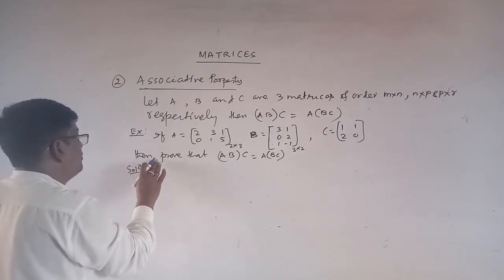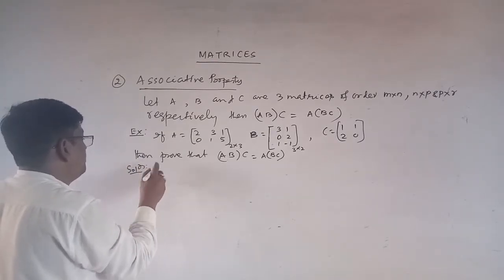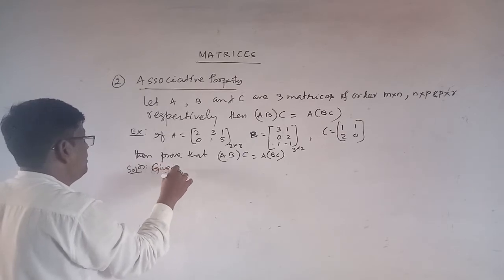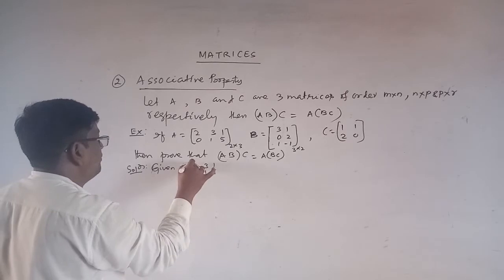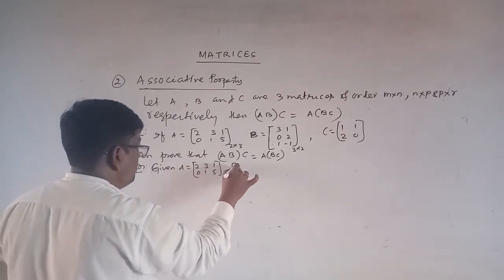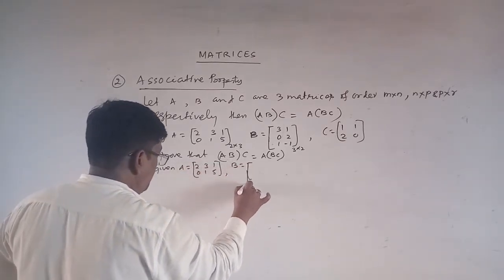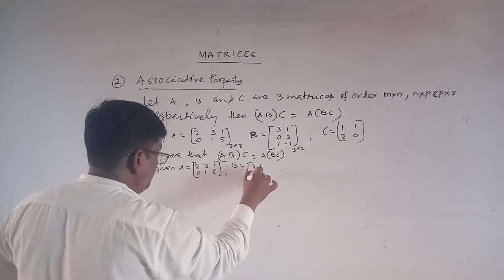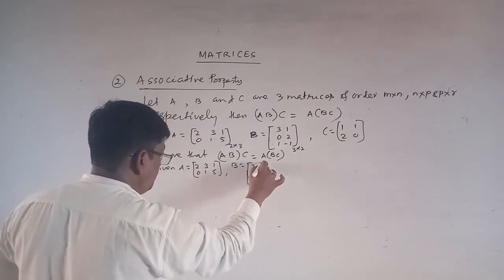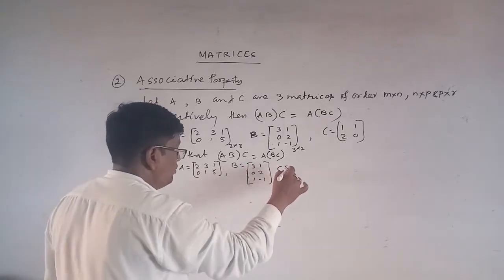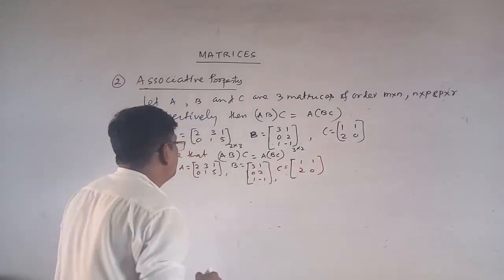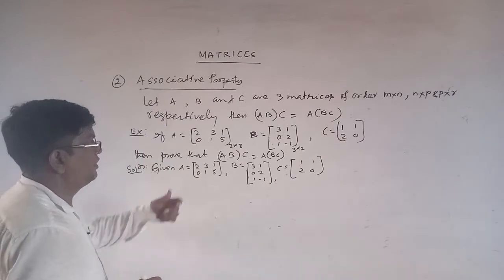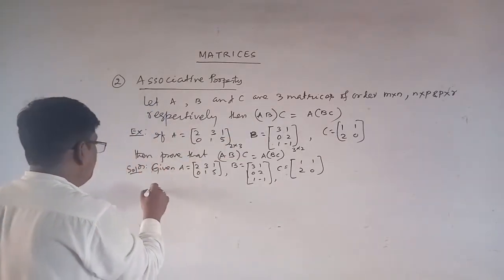Given A is equal to 2, 3, 1, 0, 1, 5, and B is equal to 3, 1, 0, 2, 1, minus 1. C is equal to 1, 1, 2, 0. Now to find the first bracket term, find AB.